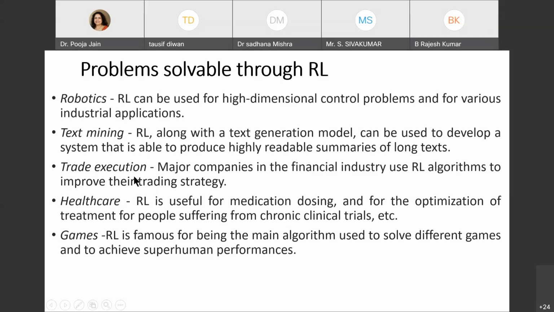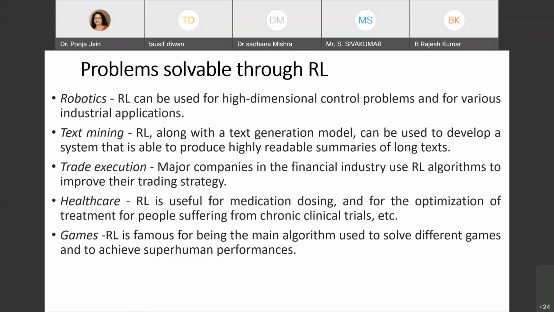Trade execution: what is the scenario at time step T, what is well suited for reinforcement learning, and based on that we can take a financial decision, for example whether we should sell in any particular trade scenario. In healthcare also, how can we correlate this, or how is reinforcement learning used here?